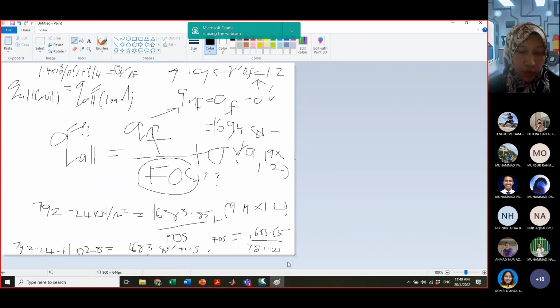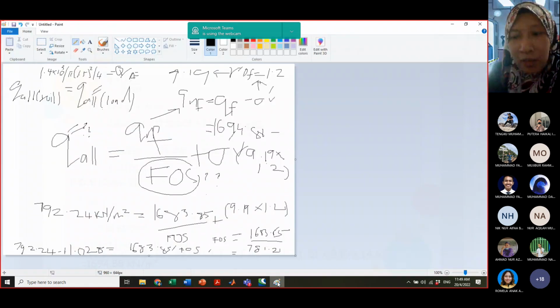Okay, bagi 1683.85 bahagi dengan 781.21. So the FOS berapa nilai dia? 2.16. 2.16. Oh, bagus. So dalam ramai-ramai kelas ni berapa orang je yang bersama saya ni?